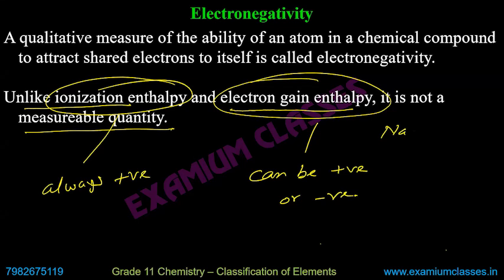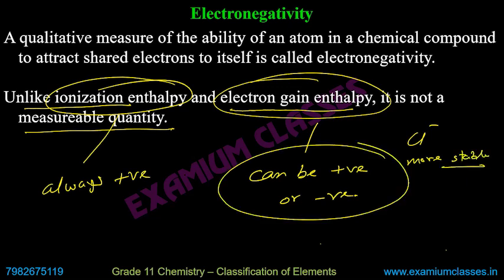So you will have to force an electron into it. So that will be positive. But if you inject an electron in chlorine, chlorine is willing to get an electron to obtain the noble gas configuration of argon. So in that case, it will become more stable. Chloride ion is more stable. So it will release the energy. So electron gain enthalpy can be positive or negative.